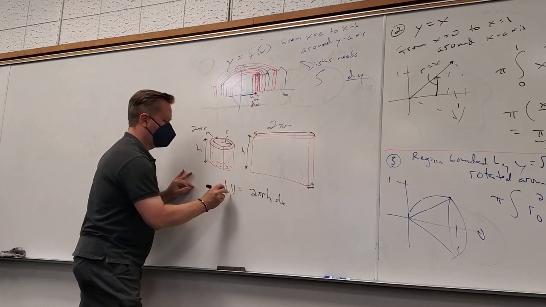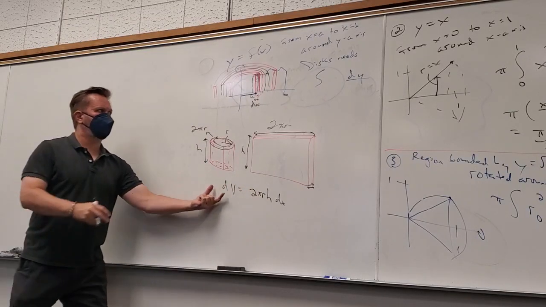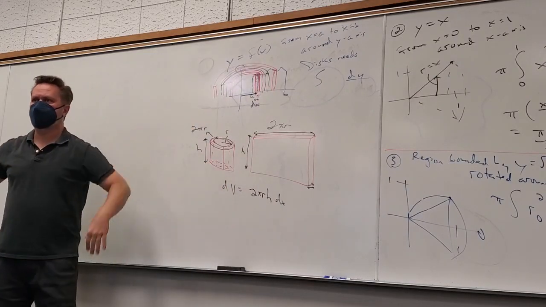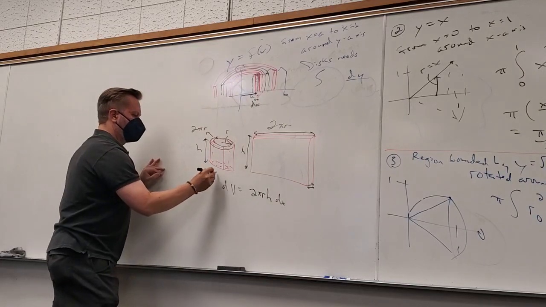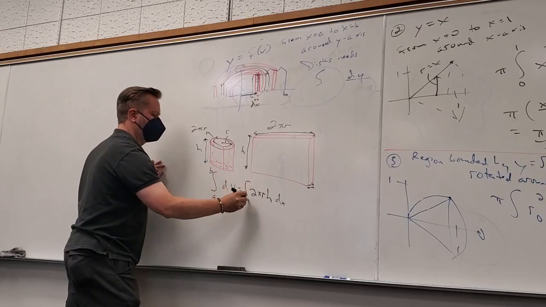Let me call that a volume element. What do I call this? dV, because that is one volume element, and I want to add up all across them. So to get the volume of the end result, I just add up all the volume elements from a to b.